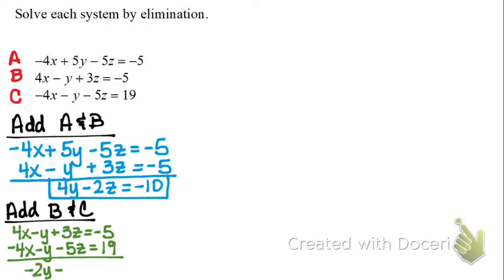Negative 2y minus 2z equals 14. Okay, so that's step one.